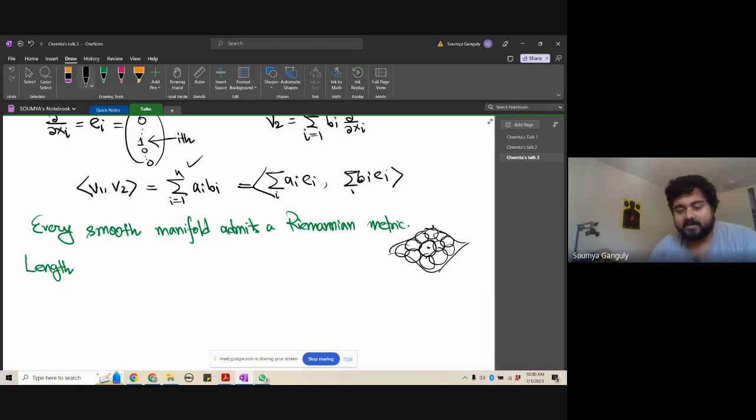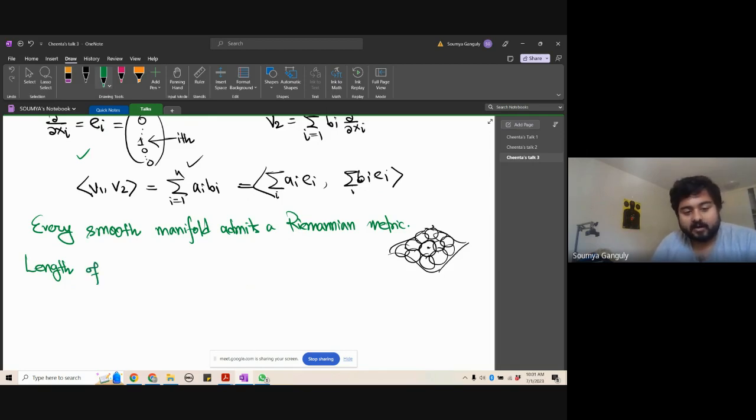If you don't understand what partition of unity means, it doesn't matter right now. The point is that this Riemannian metric on the smooth manifold is essentially the Euclidean metric, because a smooth manifold locally looks like a Euclidean space. So you can give the Euclidean metric to all those local charts and then patch them together in some way.